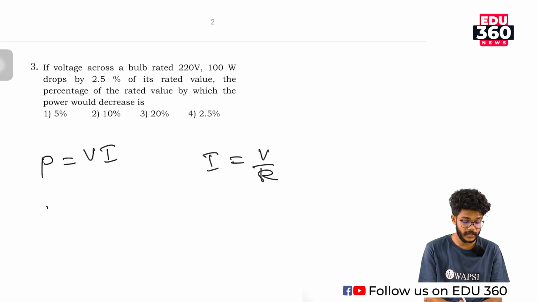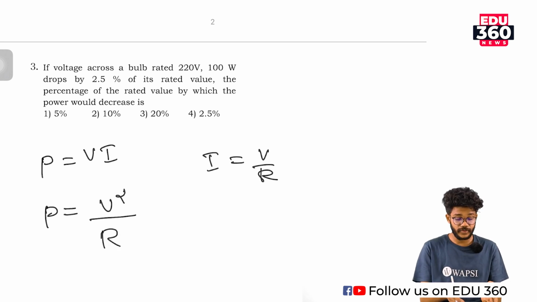So power is equal to V square by R. We use this equation because I is a variable quantity but R is a constant, so we use the equation in which the resistance is present.